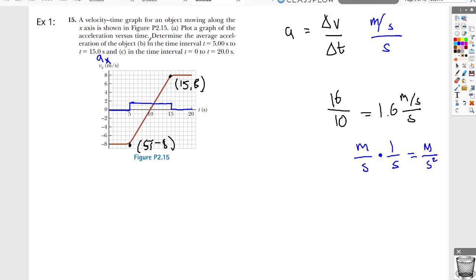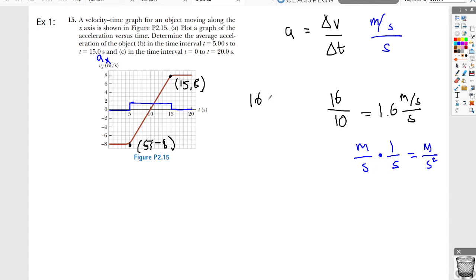So determine the average acceleration in the time 5 to 15, already did, and in the time 0 to 20. So the average acceleration in the time 0 to 20 means we have to take what our velocity is at 0, what our velocity is at 20, and subtract them.